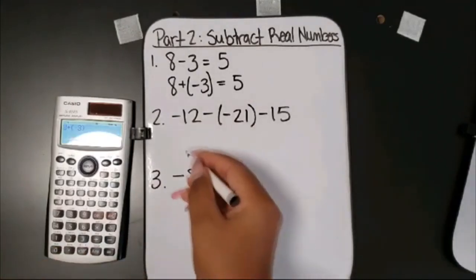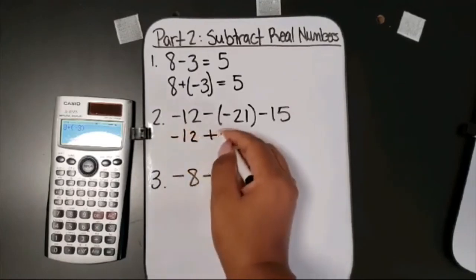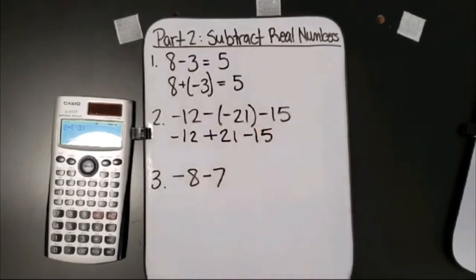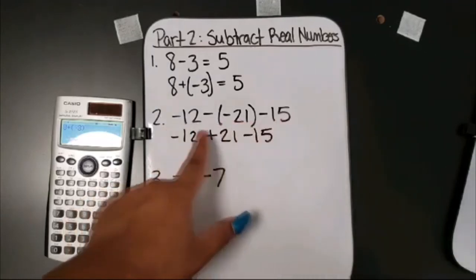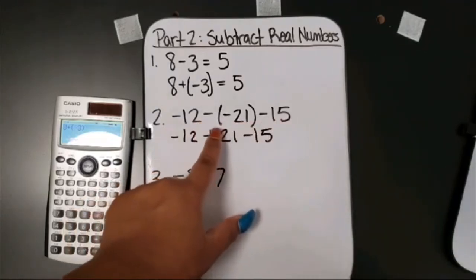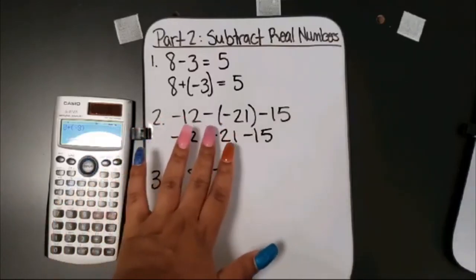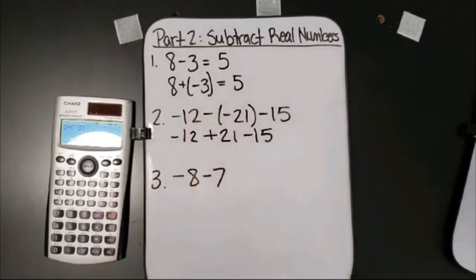So you can rewrite it as negative 12 plus 21 minus 15, okay? Of course, you can type it in your calculator like that, but you may or may not mistake the subtraction sign and the negative sign and could possibly get something wrong.